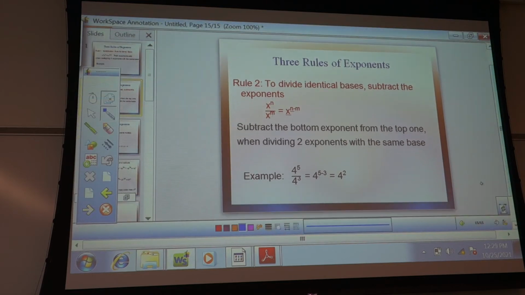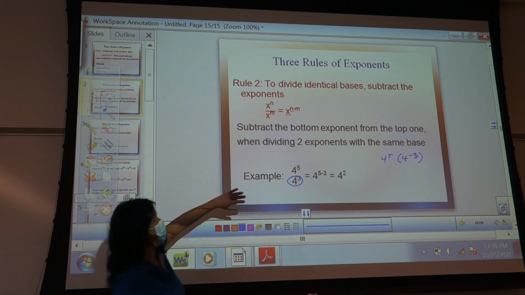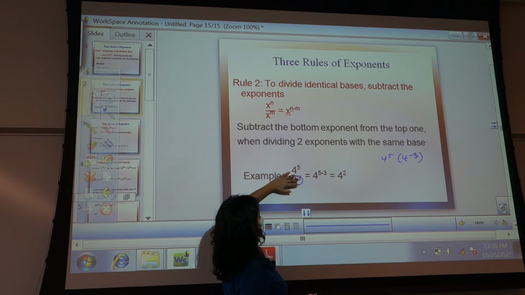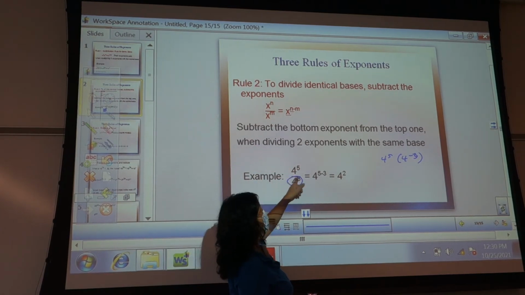Dividing, same thing, they have the same base. You subtract the bottom one from the top one. Because remember 4 to the 3rd on the bottom is the same thing as 4 to the -3 on top. You can move this to the top and make the exponent negative.